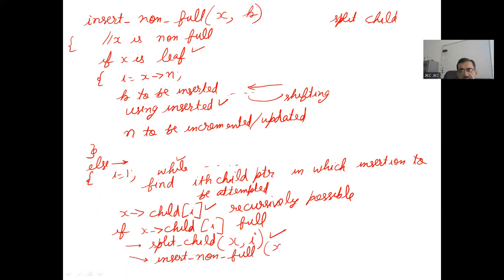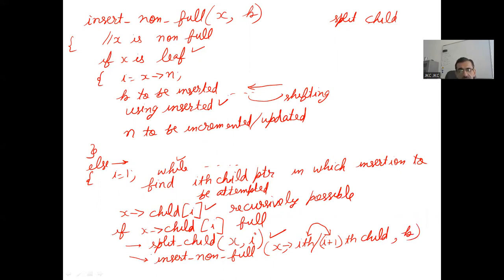Which one? Within x we have to insert either into the ith child or into x arrow child i plus 1, because an extra node will be created. I don't know which of these nodes will be used for the insertion. So the ith or (i plus 1)th child, and within that we have to insert the corresponding value, which is guaranteedly non-full.